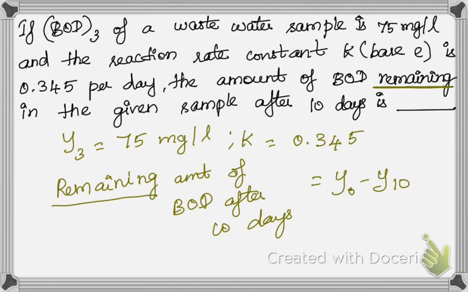Okay, so how to determine this? First thing is that I have to get my ultimate BOD, that is my Y0 value. That is going to be very simple. We know the formula already: Yt is equal to Y0 into 1 minus e power minus kt. Here Yt is 75, that is the Y3 value, and t is 3.